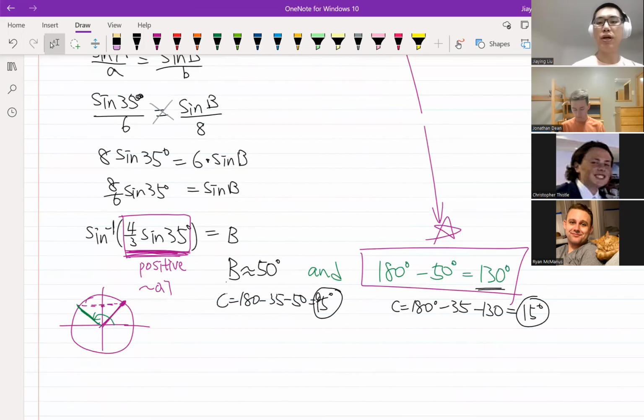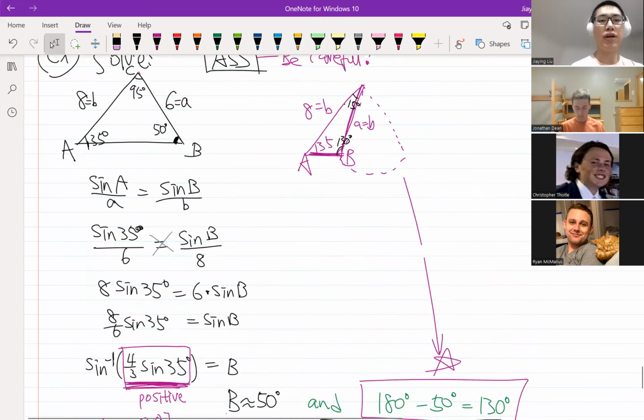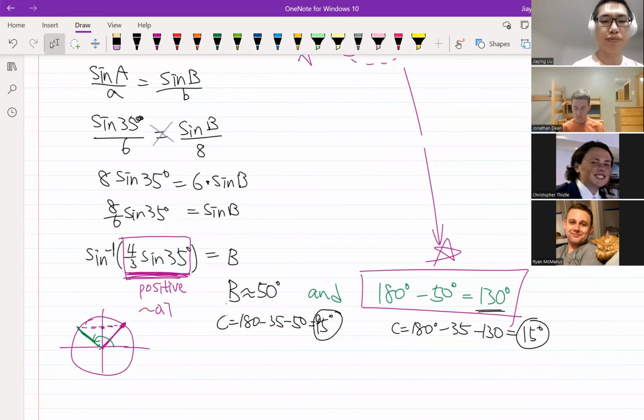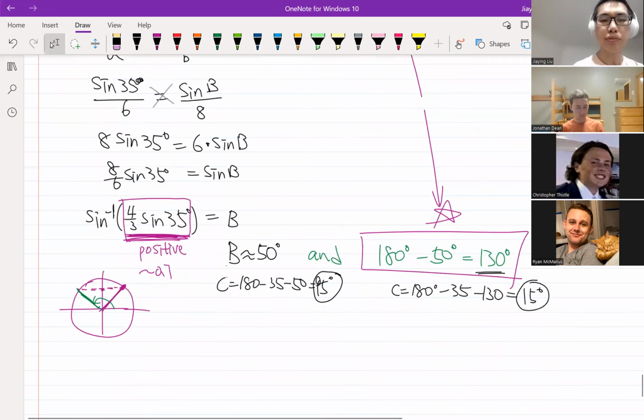All right, so now that we found all the angles, we just need to find the missing side C. So we're going to have to use the law of sines again.